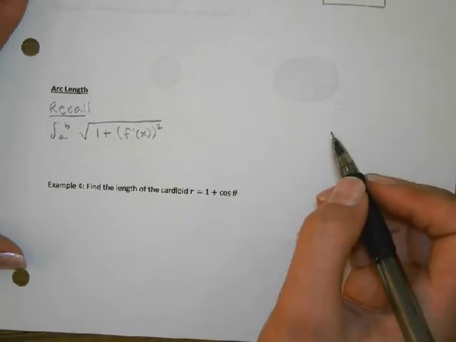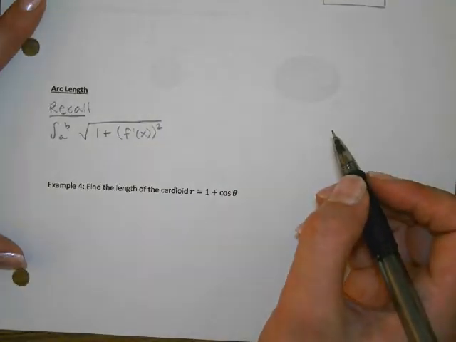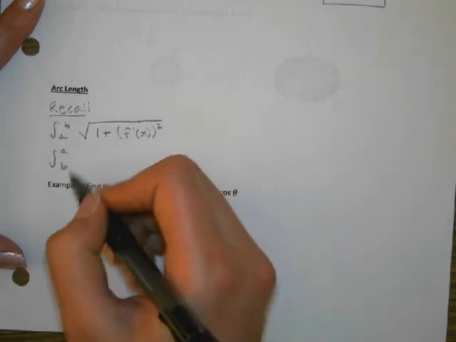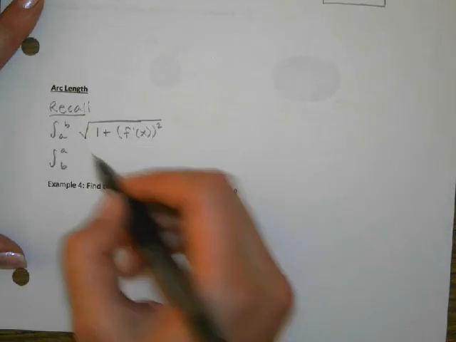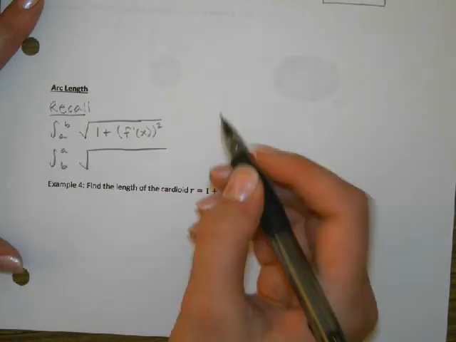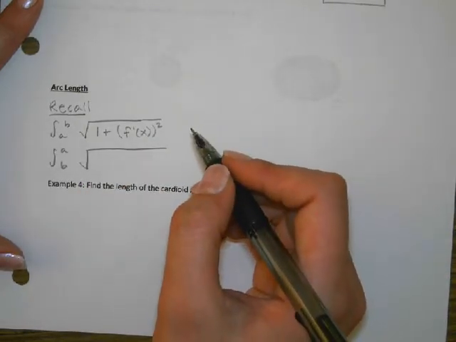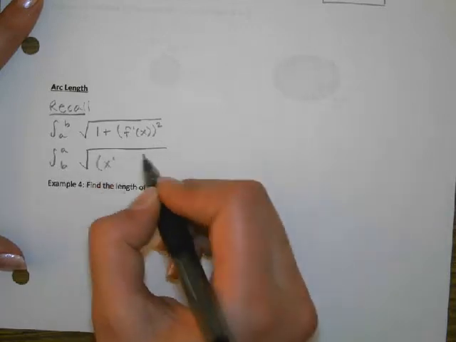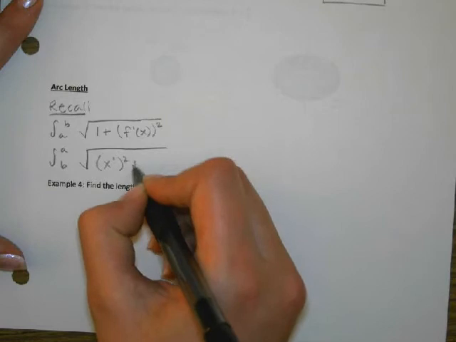That was one arc length formula that we've used. This is dx because this is in rectangular. And then when we did the parametric unit, does anyone remember what that was? It was x prime squared plus y prime squared. Correct. Same thing.